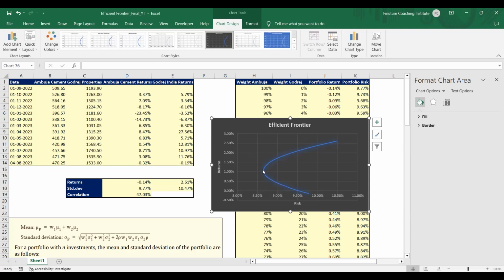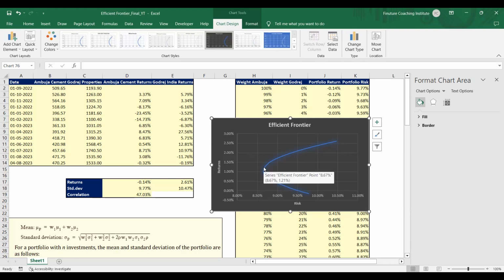It's a bit tricky, because if you remove the mouse from this, the data is lost. But yeah, at 8.66, it's 0.99. Let's see if there is any other portfolio at 8.66. No. Let me just check 8.67. There are two portfolios. It's 0.9 and it's 1.21.